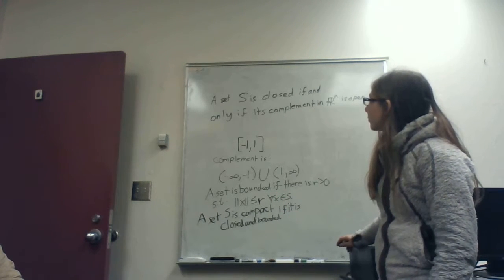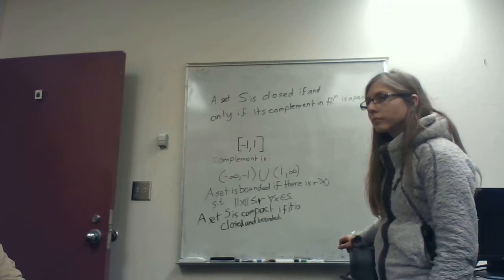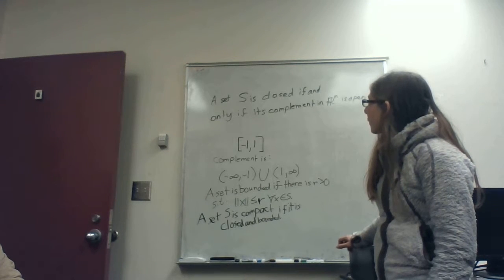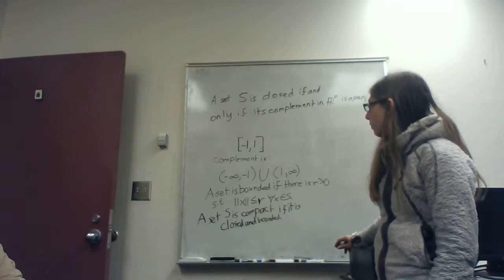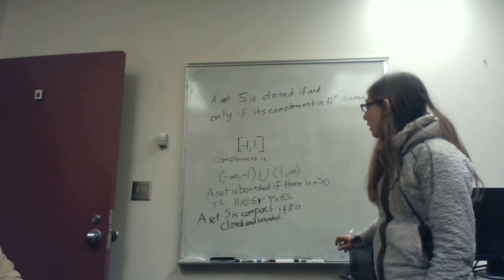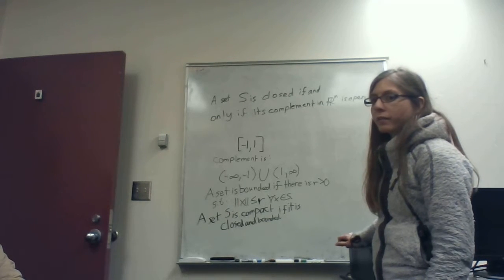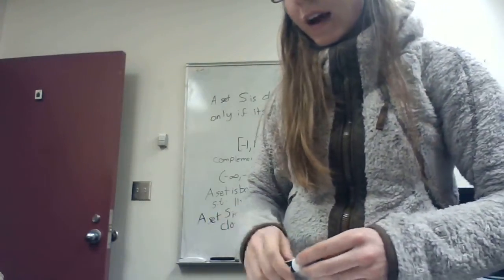I think we thought it's redundant to think a closed set is also bounded, because the complement should be open. I do not know this off the top of my head. I think we would have to look on Wikipedia or something.